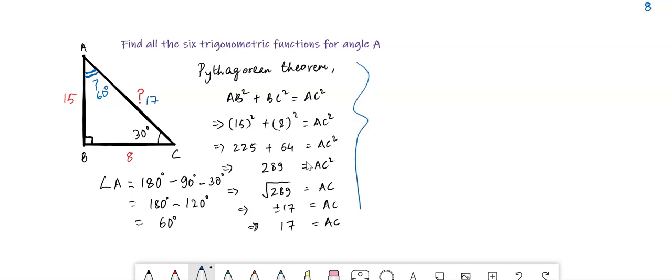We'll be able to find all the 6 trigonometric functions with respect to angle A. Now, to keep ourselves away from any kind of mistake or doubt, we first write the lengths with respect to angle A. With respect to angle A, the length opposite angle A is BC, which is 8 units.